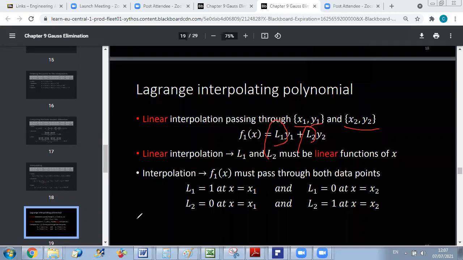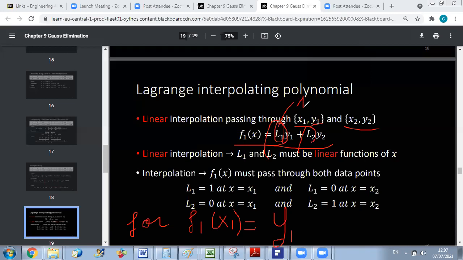So we can write that for f1(x), for x1, if I put x1, I should obtain y1. This means that if I compare with my Lagrangian expression of f1(x), L1 should be equal to 1, and L2 should be equal to 0 when x is equal to x1. This will define for me the operator L1.